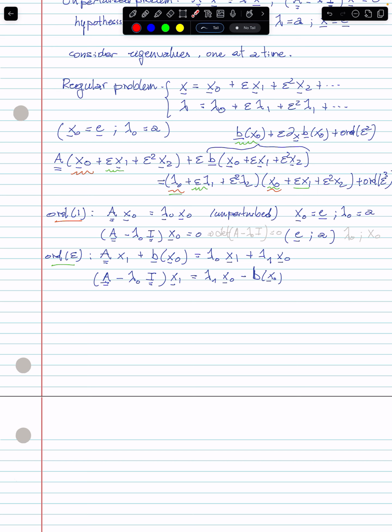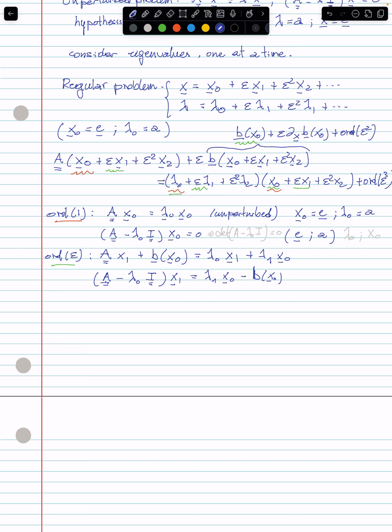It doesn't mean that the determinant of this matrix is equal to 0, something we have already exploited before. But because this matrix is a singular matrix, and it has a right eigenvector x0, this set of equations is really specific. It means that the right-hand side can't have any component aligned with the eigenvector. Otherwise, it would provide an answer that is unbounded.